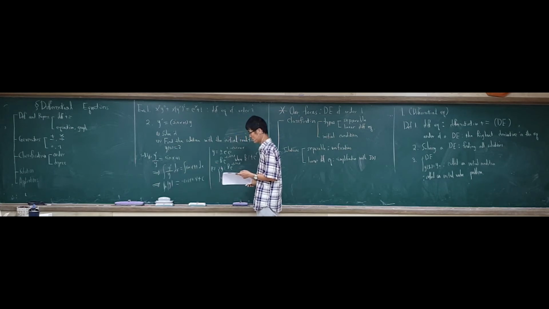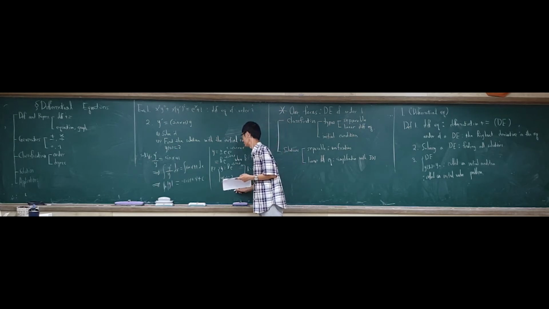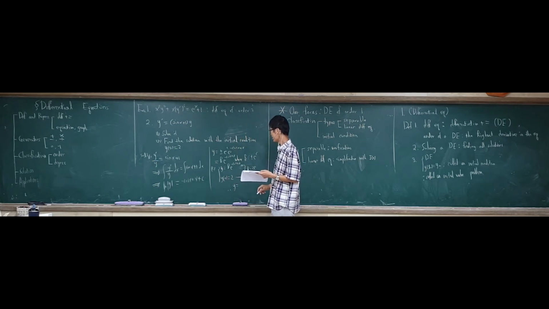Suppose that y(0) is equal to 2. By replacing x and y with 0 and 2, we see that k is equal to twice of e, and so y is equal to 2 times e to the negative cosine x plus x plus 1.